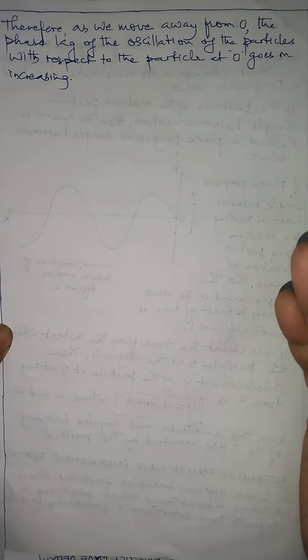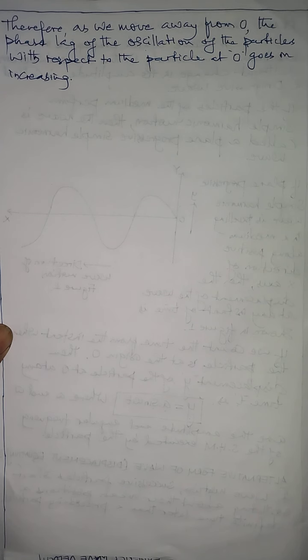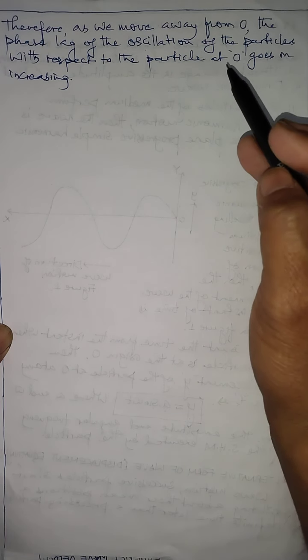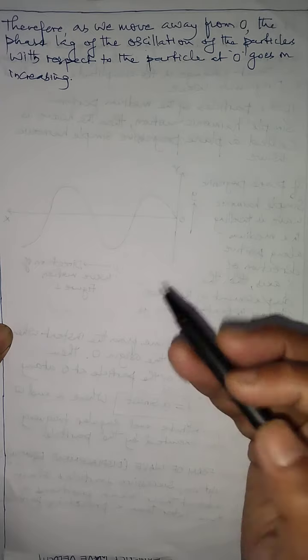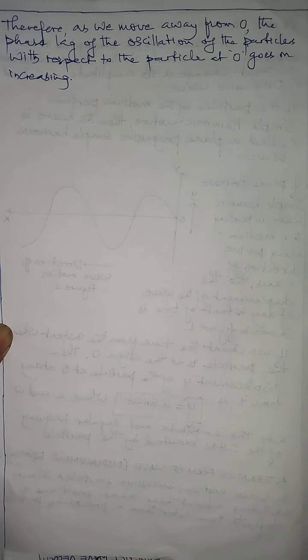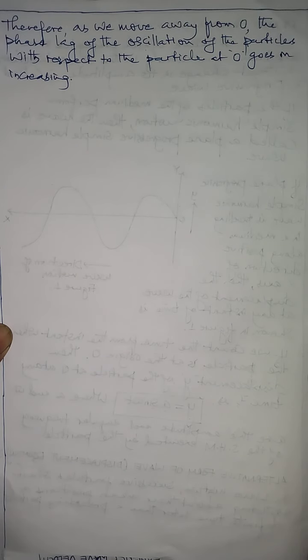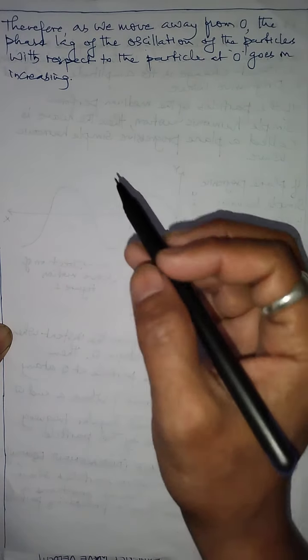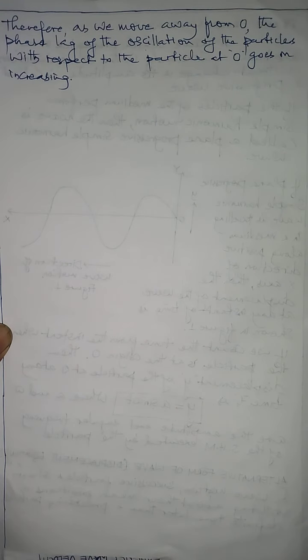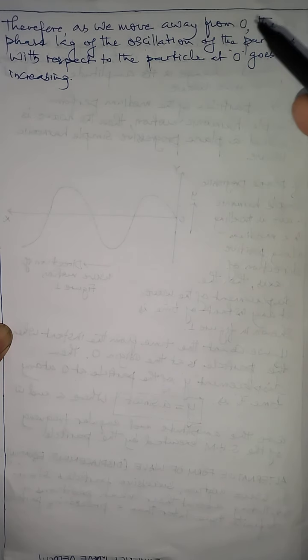That means the particles far from the particle at O vibrate at a later time than the particle already vibrating at O. So there is a lag in the phase of the succeeding particles with respect to the particle at O, and as we go away from O, the particles always have a phase lag in their vibration or oscillation.